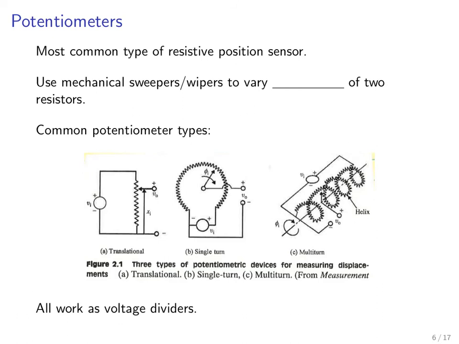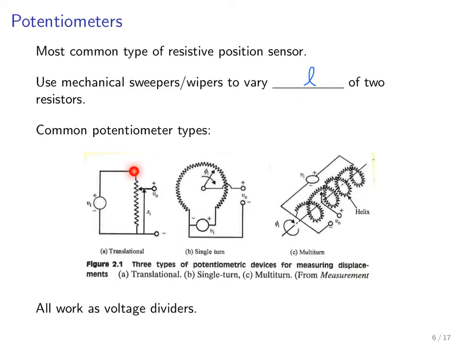So potentiometers are the most common type of resistive position sensor, and they use mechanical sweepers, also called wipers, to vary the relative length of two resistors. So here are three common potentiometer types. This is the one we're probably used to from lab. So this is able to give us a measurement of linear translation, right?